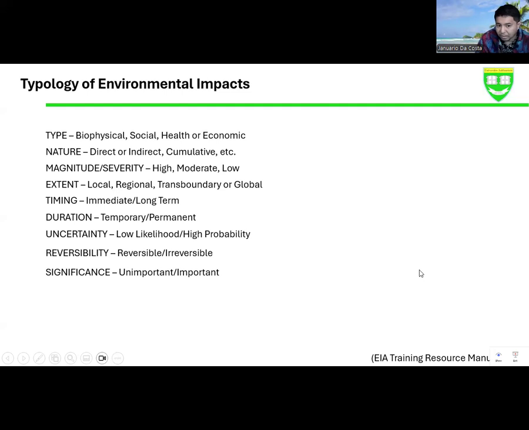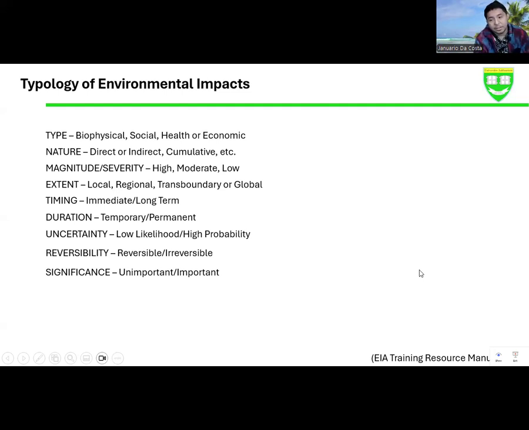And then the timing of the impact: is it an immediate impact or long term? The duration of the impact: is it temporary or permanent? The uncertainty is talking about the probability, how likely it is that a specific impact will occur or will not occur.